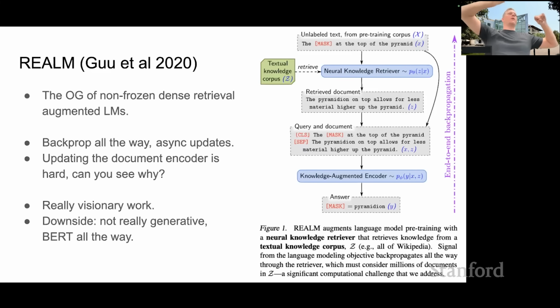Now we backpropagate the gradient through the retriever, we update the query encoder, now we have to update the document encoder. So what do we then need to do after we've updated the document encoder? We need to re-encode the entire internet, right? So basically every single gradient update, we have to re-encode whatever our index is, which, if this is trillions of tokens, is like re-encoding the internet after every batch update. So that's not very efficient.